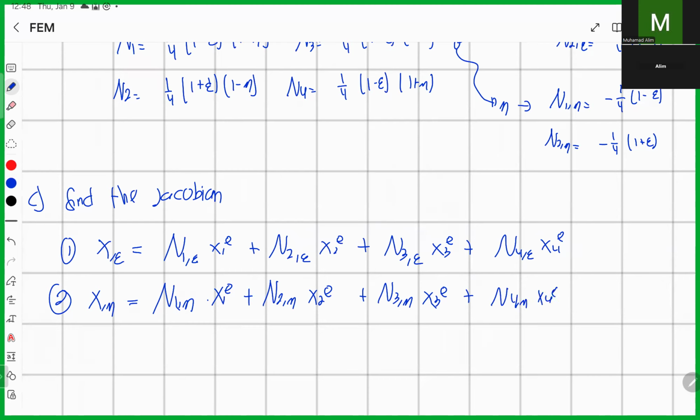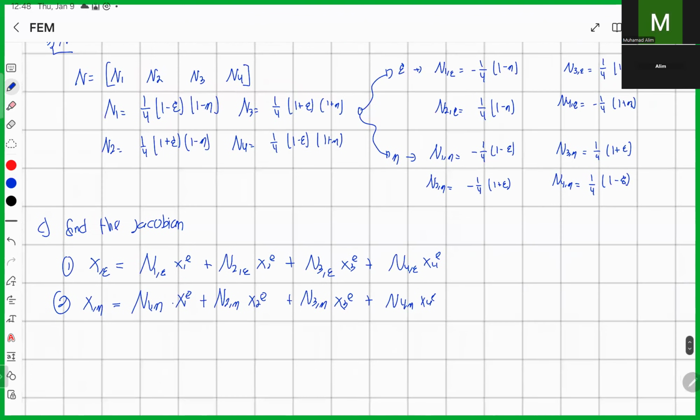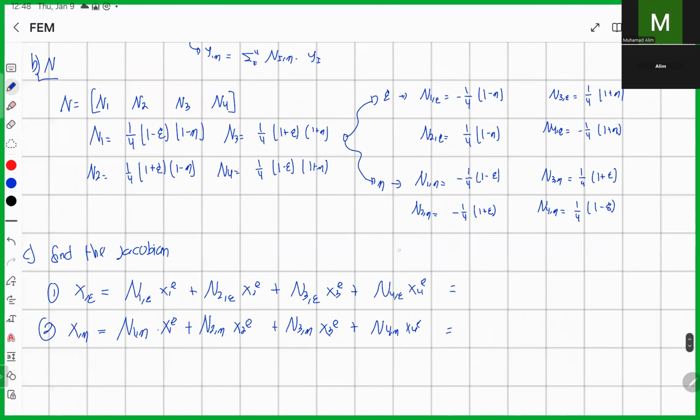So you multiply it with the coordinate. You already know the coordinate of x here: x1 equals 0, x2 equals 1, x3 equals 0, and x4 equals 1.